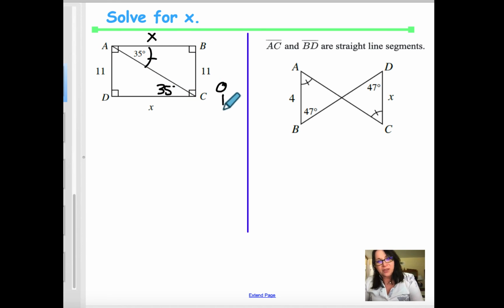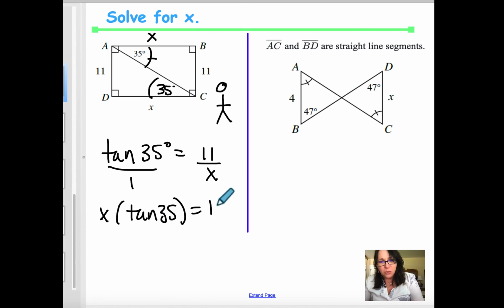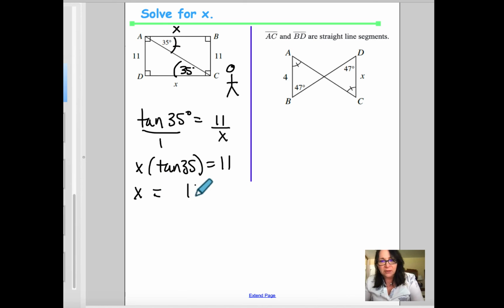So I'm going to put myself here at this corner, and I'm going to use tangent, because tangent of 35 degrees is equal to the opposite side over the adjacent side. So I am going to cross multiply, and I'm going to say x times tangent of 35 is equal to 11. And then x is equal to 11 divided by whatever tangent of 35 degrees is.